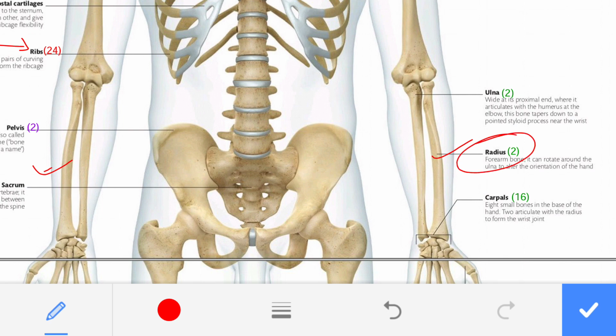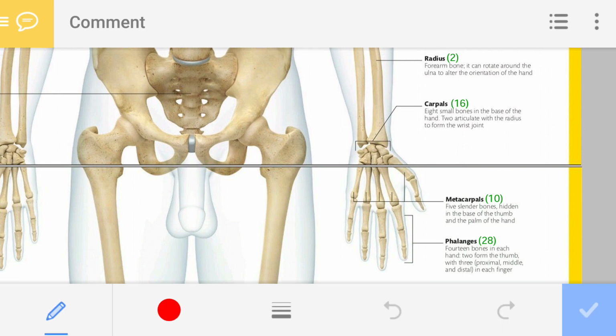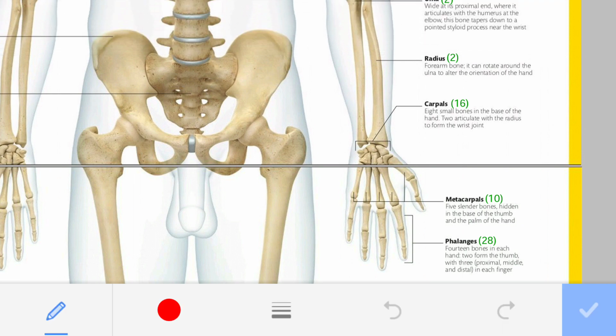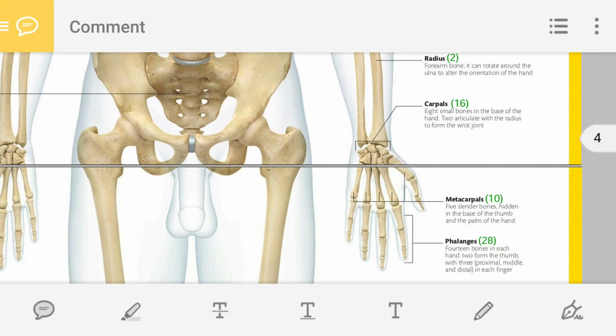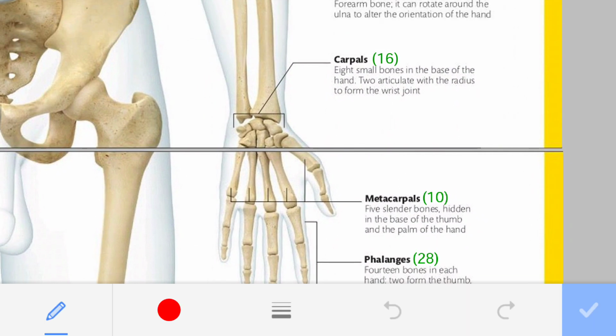Then the carpals, 16. As you can see here it is written wrist joint.